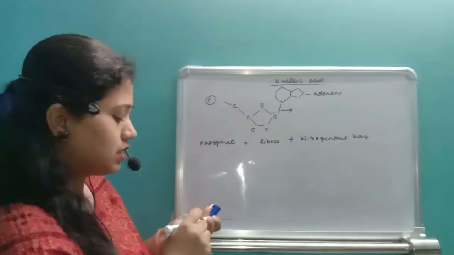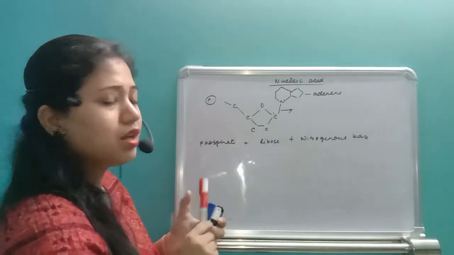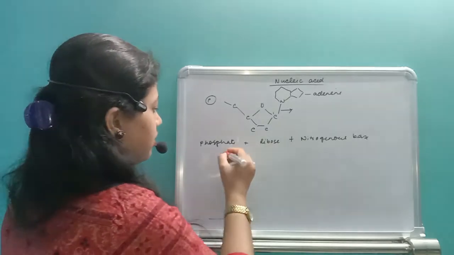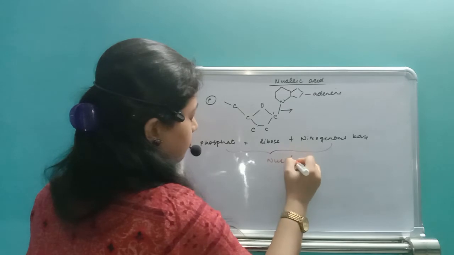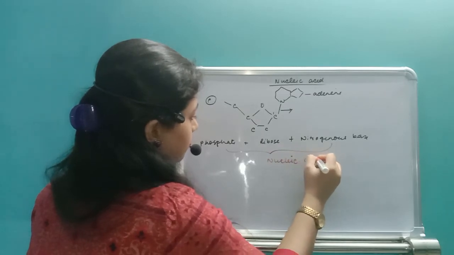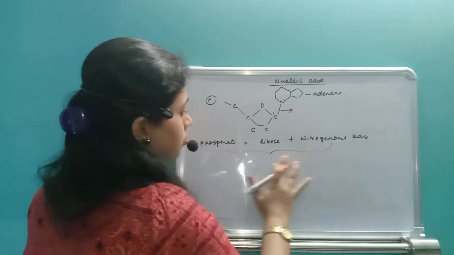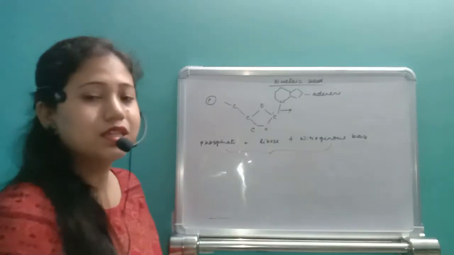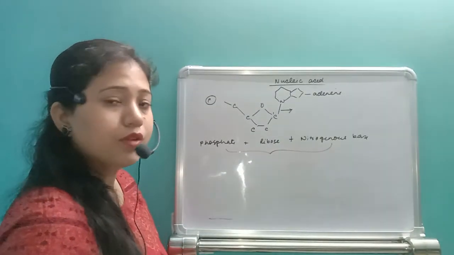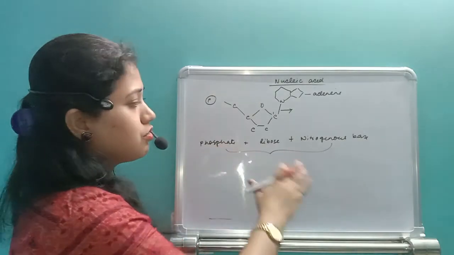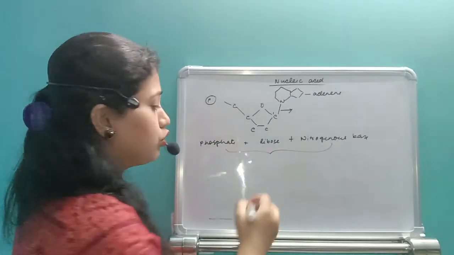So what we will see is that this is going to be the nucleic acid, right? Sorry, here what we will see is the genetic material DNA and RNA. What we can see is that this three will form the nucleotide.